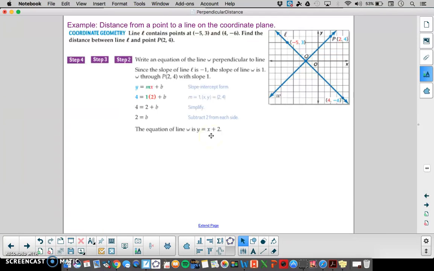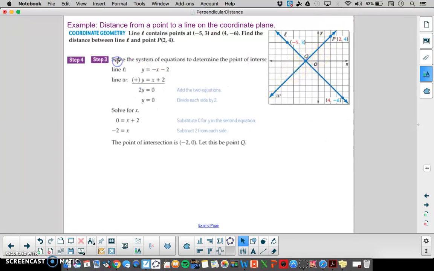Now that I have my two equations, I can solve the system of equations and find what that intersection is. I need that point of intersection so that I can find that perpendicular distance. So in step 3, I need to solve the system of equations using the equation of line L and the equation of line W. We can eliminate that x term, so we get 2y equal to 0.